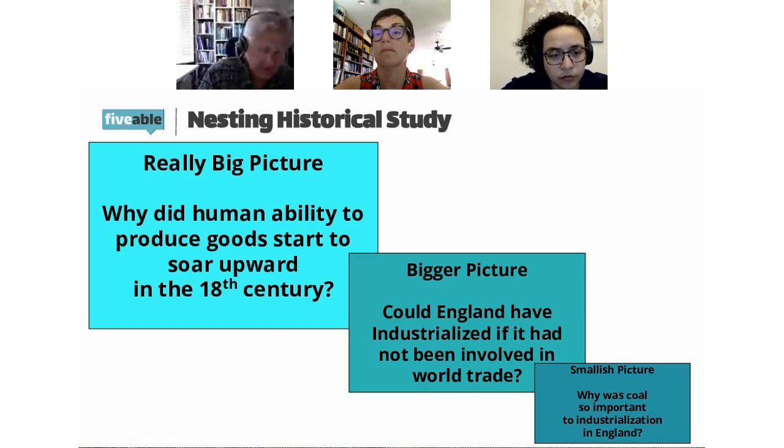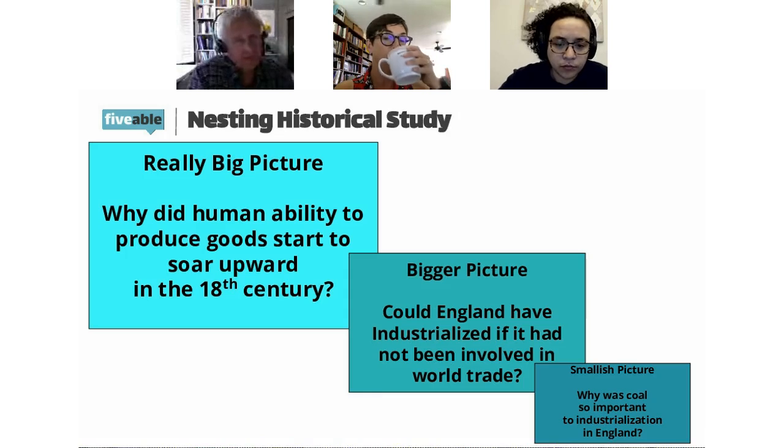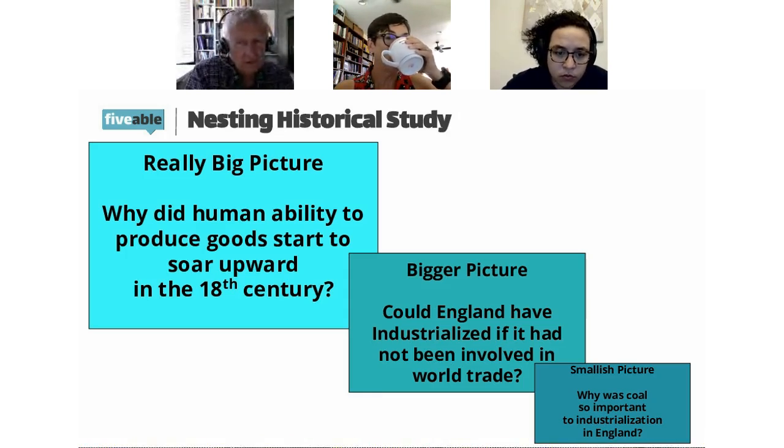So we have to look at the scale of the world there right away. Maybe only the Atlantic world, but I would think the whole world. So one example very simply would be that England cannot produce a single field of cotton. All the cotton that drove the early Industrial Revolution had to be imported from somewhere else.